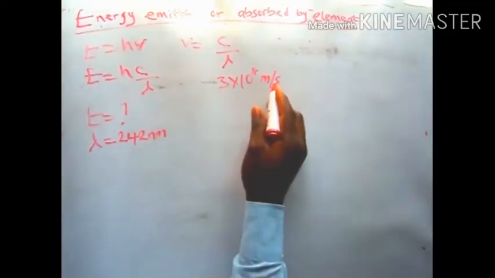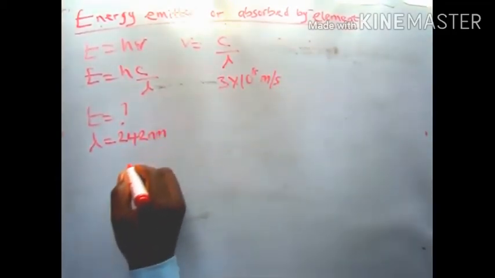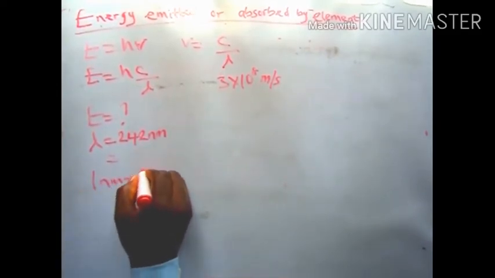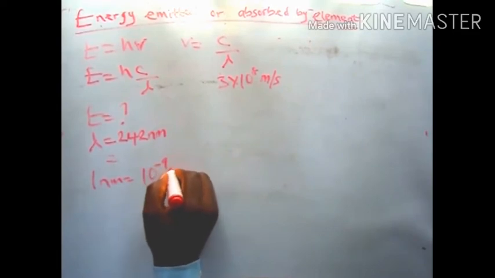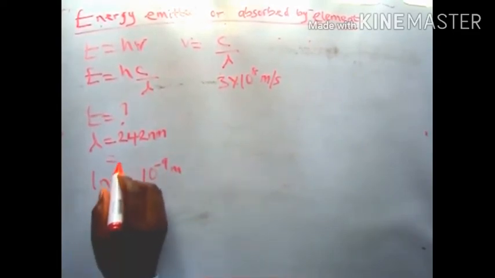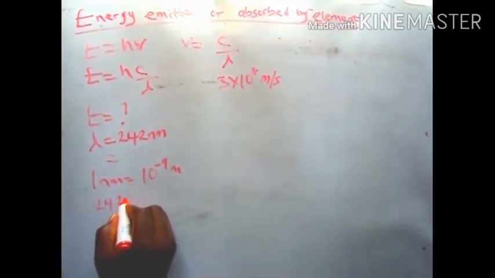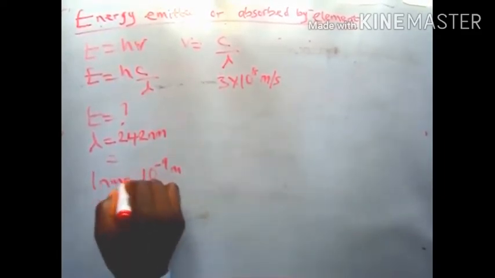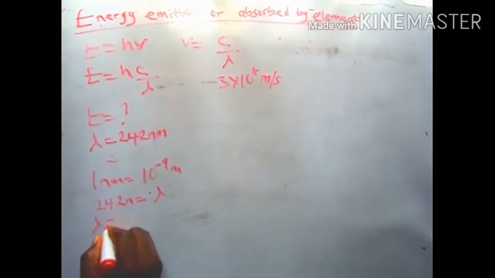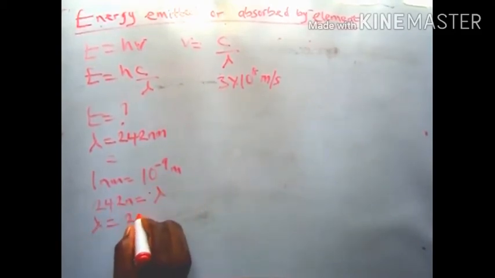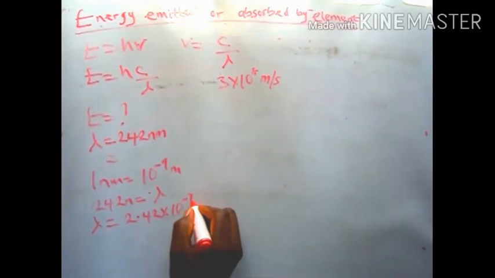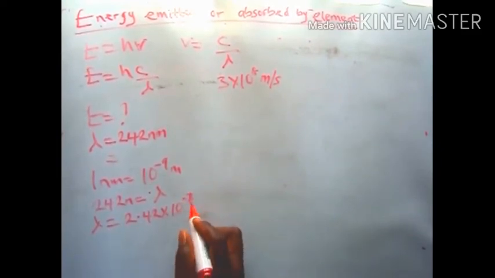So for this, we'll have to convert this to meters, and I told you 1 nanometer is equal to 10 raised to power minus 9 meters. So 242 nanometers will be equal to what? Cross multiply, then you have your lambda to be 2.42 times 10 raised to power minus 7.